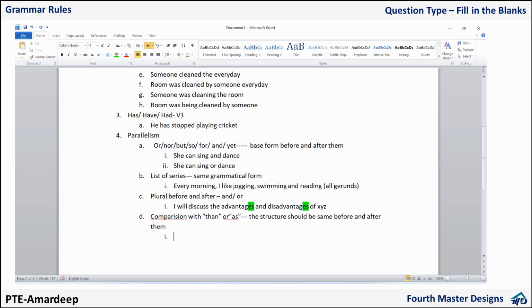For example, he is good at dancing. No, he is as good at dancing as singing. Now both are what? Both are your -ing forms. This is the rule.